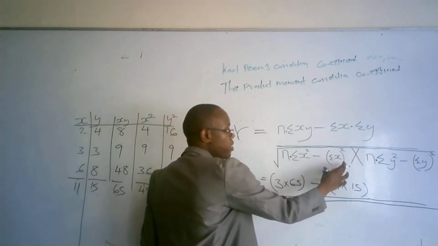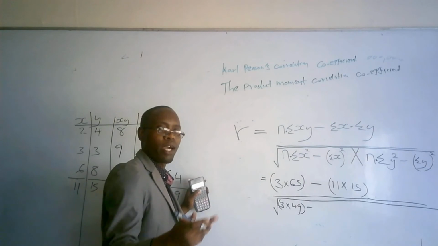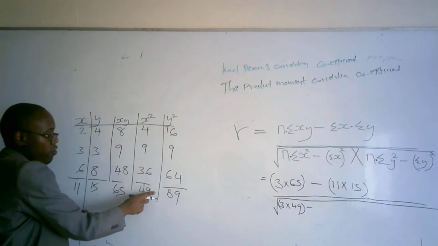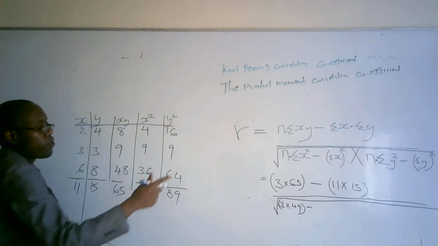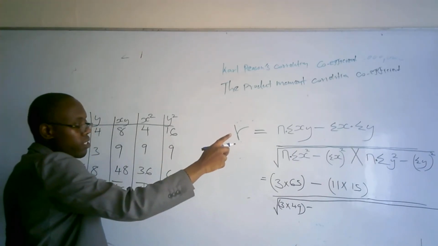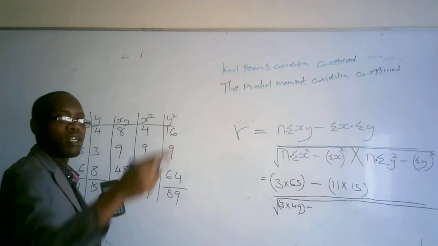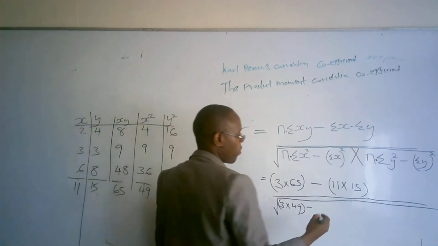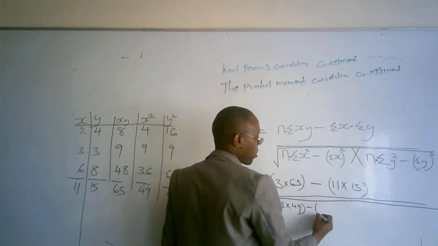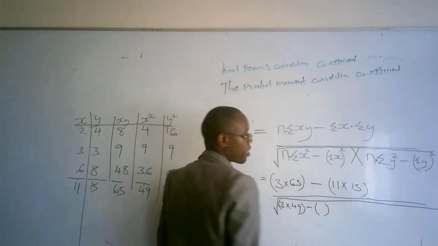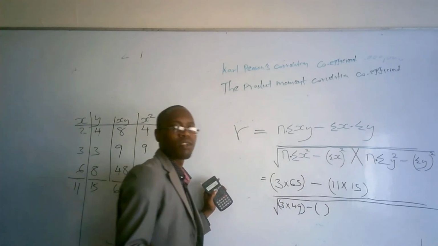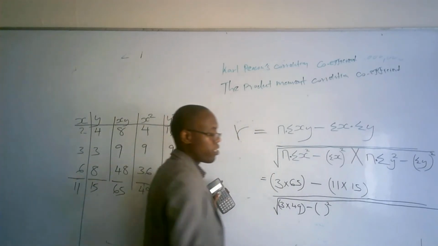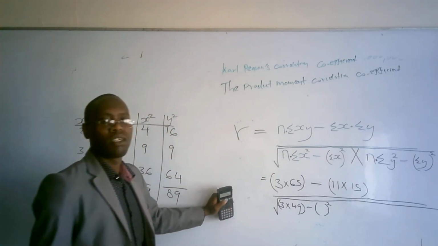It is saying summation x in brackets, squared. Most people get confused, and they take this 49, which will be wrong, because they are saying summation x, and then we square. So what you need to do, so as not to be confused, is put that bracket the way it is, and then put the square outside.